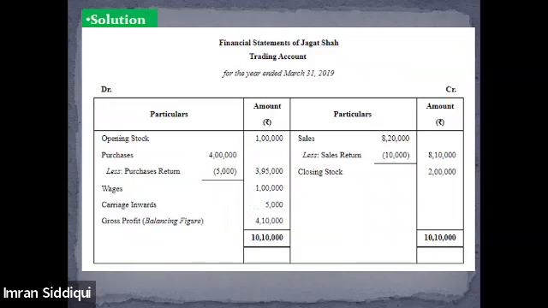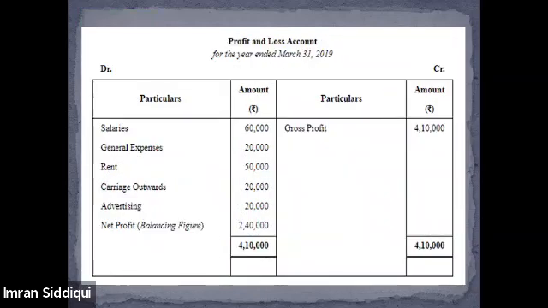This is the P&L, everyone, for this question. Since we have got the gross profit, we will transfer that gross profit to the credit side of the P&L. And all other indirect expenses like salary, general expense, rent, carriage outward, advertisement expense will be recorded on the debit side. And eventually, after subtracting all the debit side items from the gross profit, we get 2,40,000. This is the net profit.